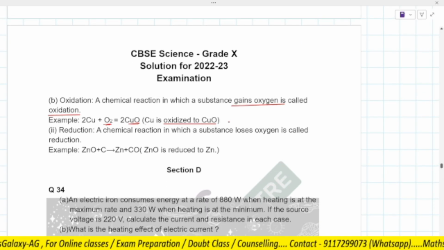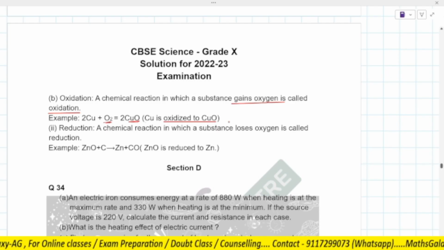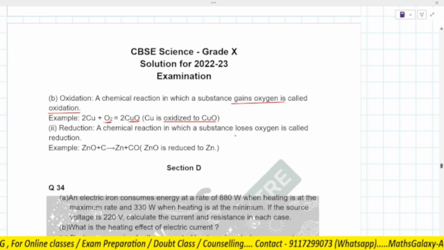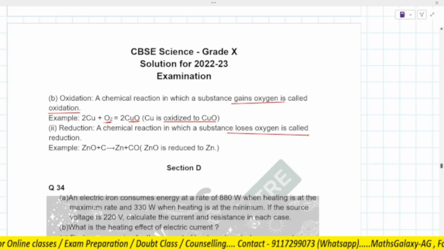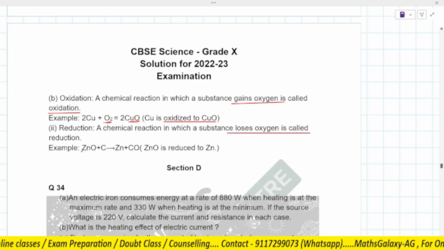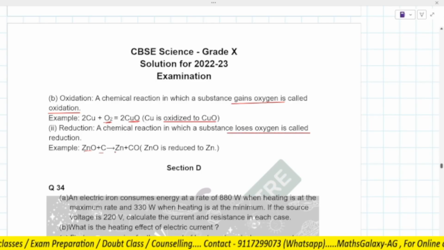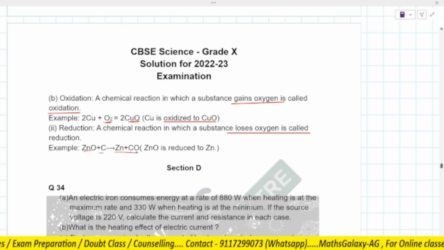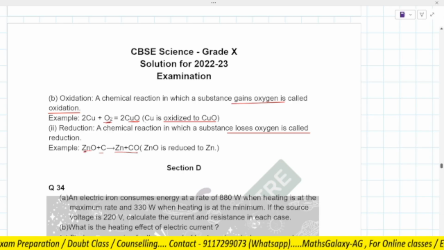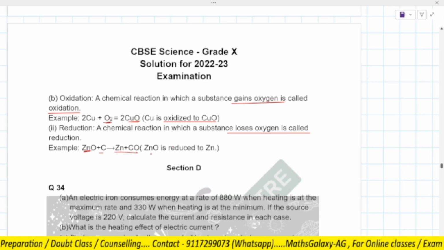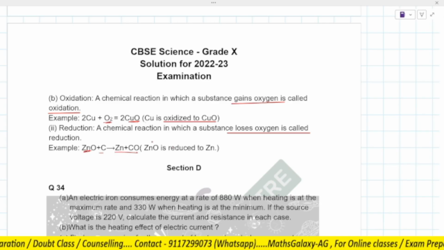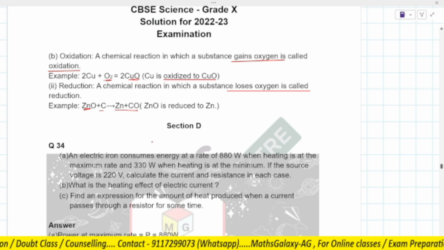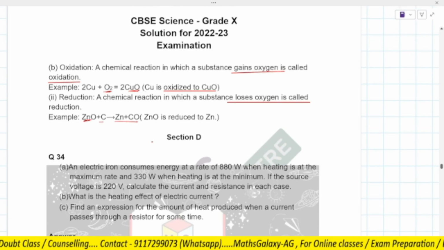And a chemical reaction in which a substance loses oxygen is called reduction. ZnO plus C gives Zn plus CO, as it loses the oxygen. So ZnO is reduced to Zn. Is it clear?